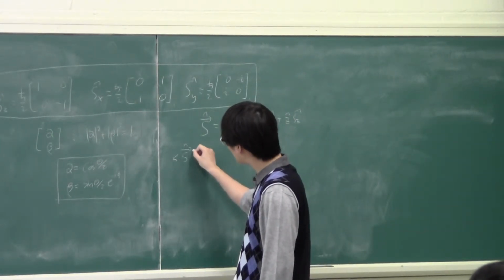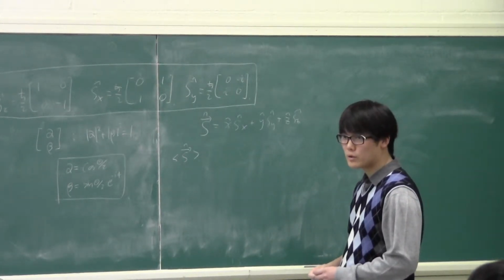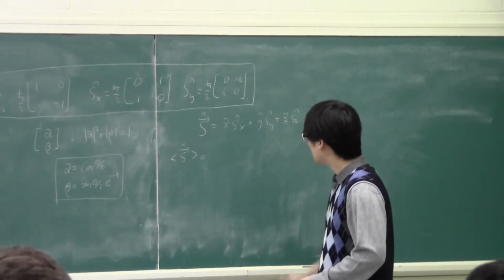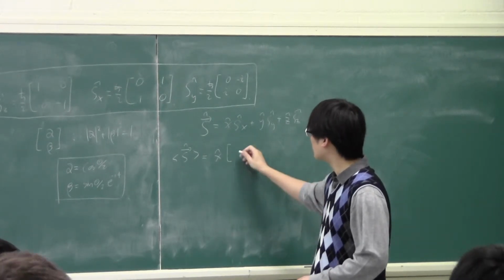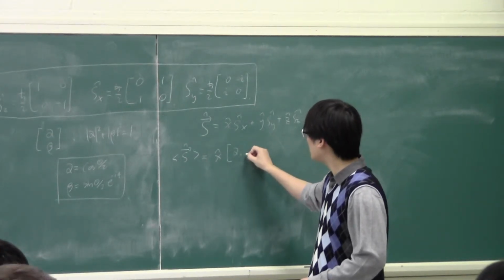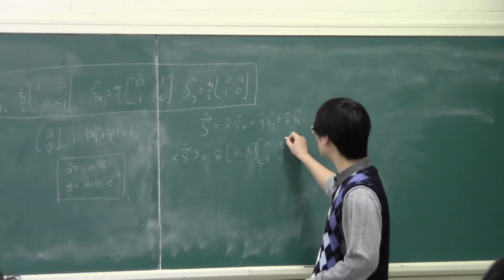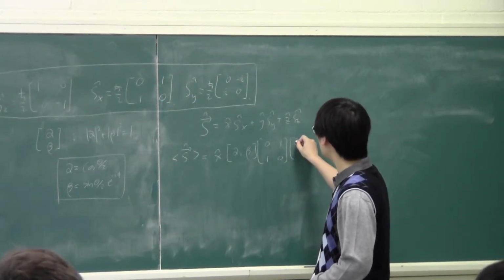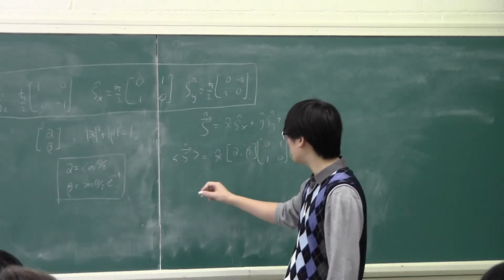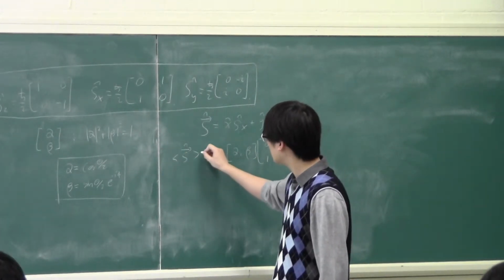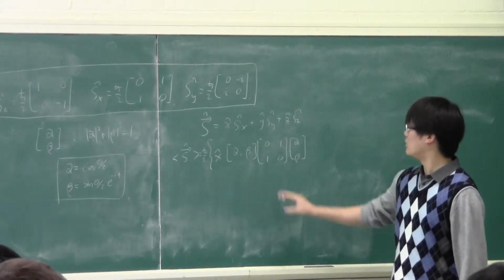So now let's compute, in this state, what is the expectation value of this operator? That's given by this. And we can do it component by component. In the x component, we have alpha, beta, times the matrix 0, 1, 1, 0, times alpha, beta. And then of course you get the h bar over 2, but let me factor out the h bar over 2. What does this go into?